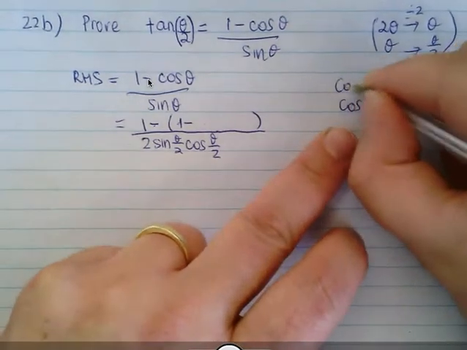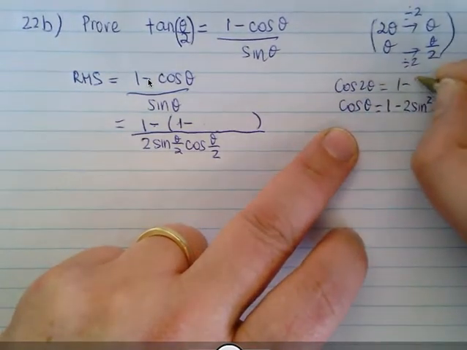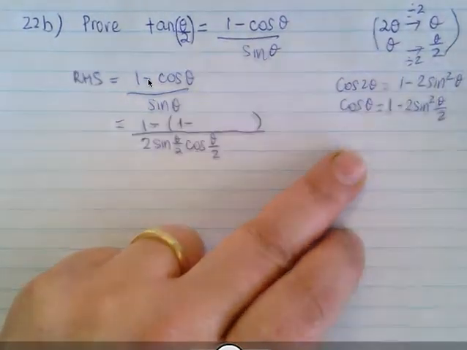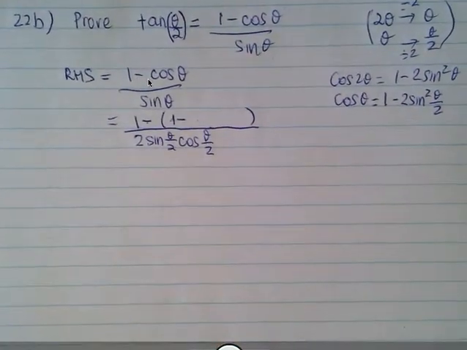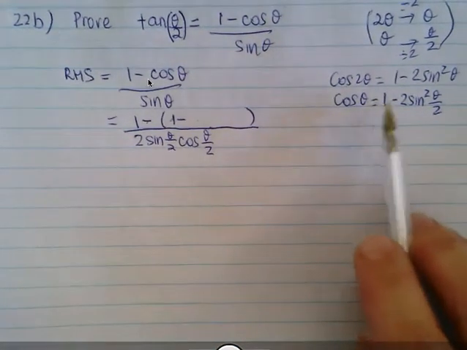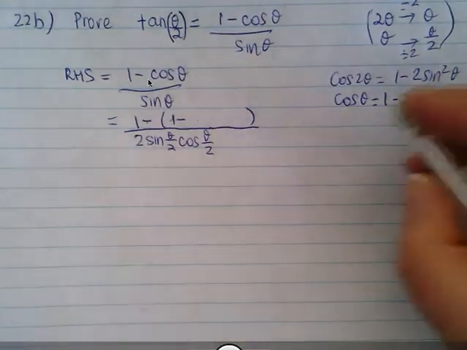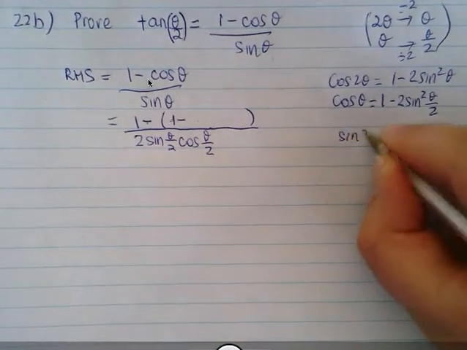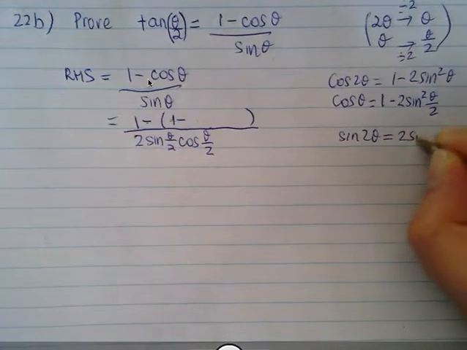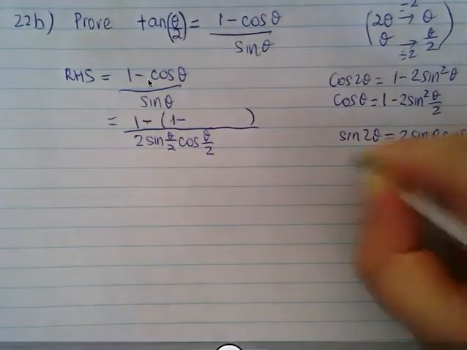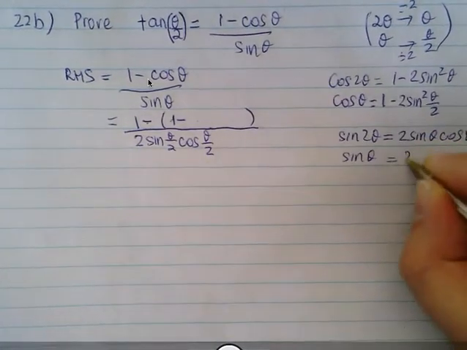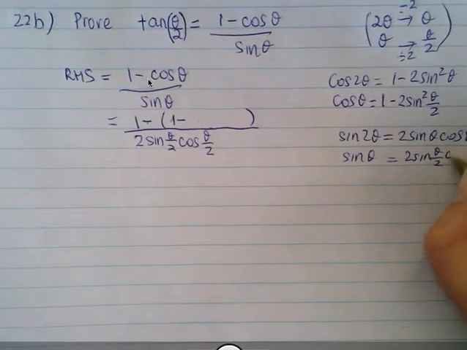So I'm going to use cos theta is 1 minus 2 sine squared theta on 2. Remember, normally the result is cos 2 theta is 1 minus 2 sine squared theta. That's the normal result, that's how you'll recognize it. But we're going to use cos theta is 1 minus 2 sine squared theta on 2. And with sine theta, we know that sine 2 theta is 2 sine theta cos theta, so we're using sine theta is 2 sine theta on 2 cos theta on 2.